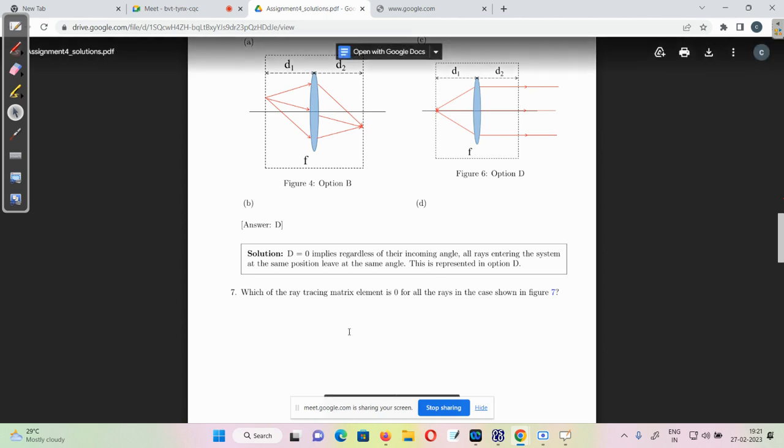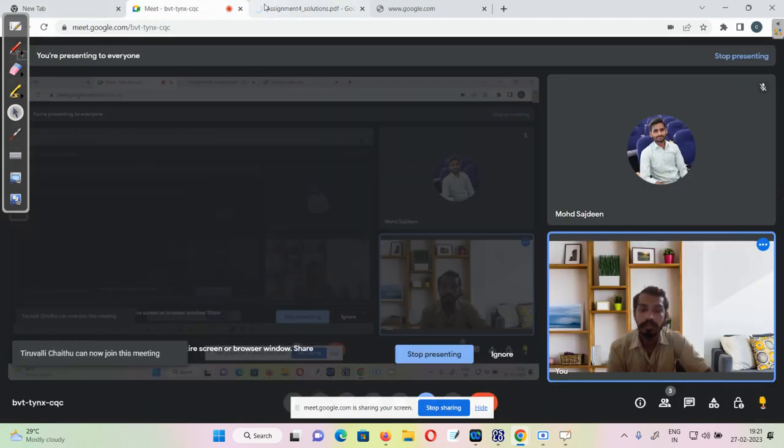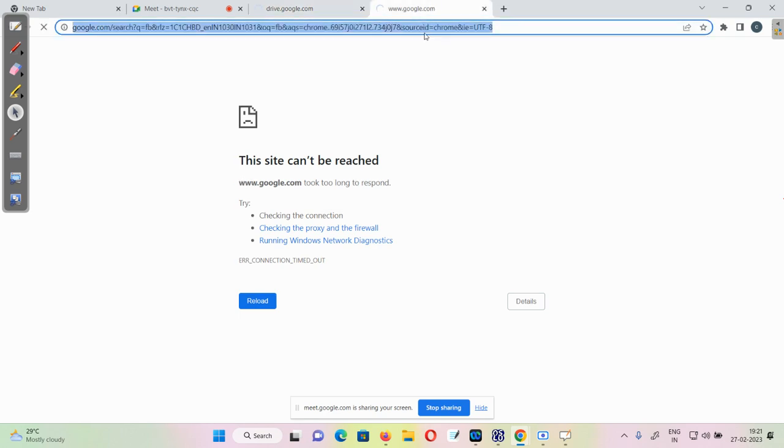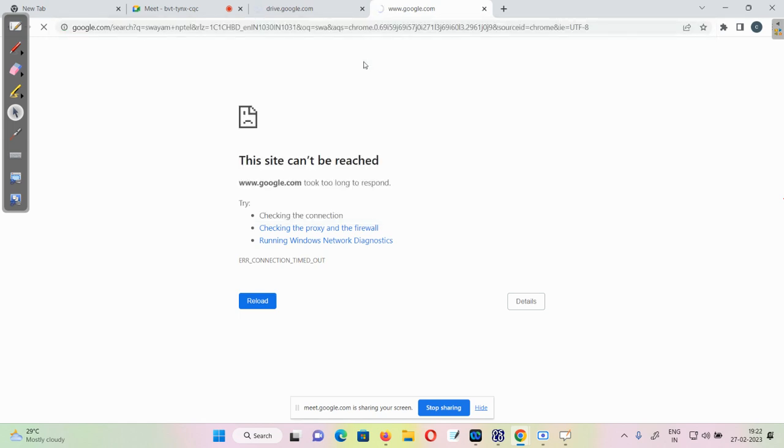Now see, which of the ray tracing matrix elements is 0 for all rays in the case shown in the figure? Am I audible?